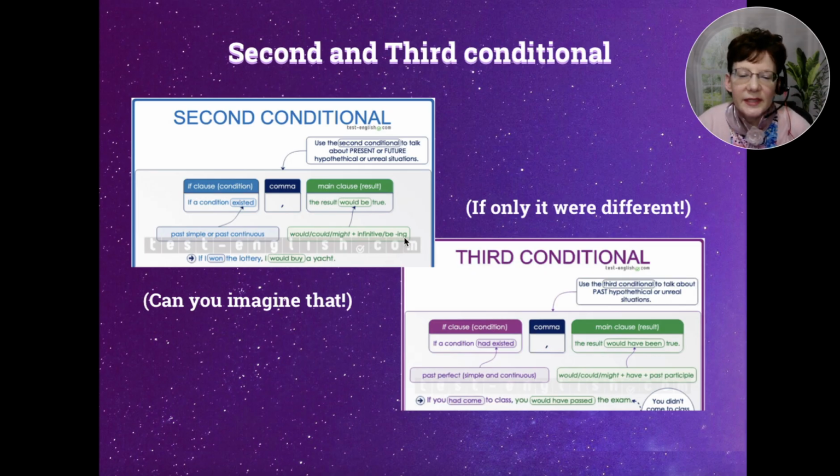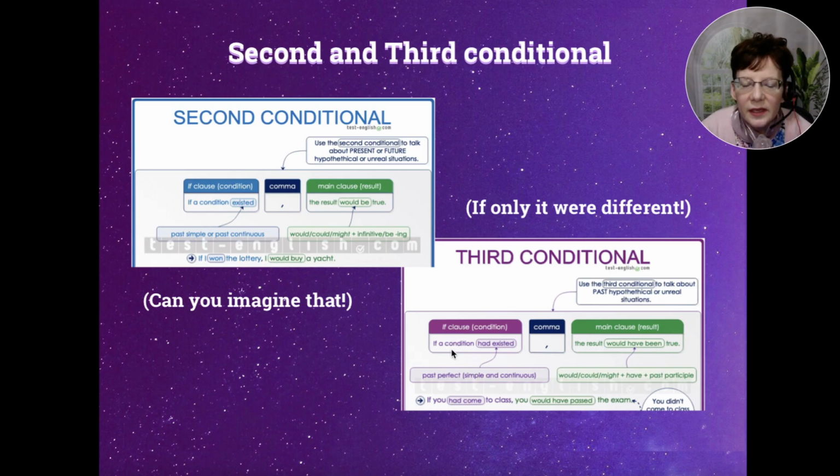Okay, let's look at third conditional. You're assuming if only the situation were different. So we use the third conditional to talk about past, hypothetical, or unreal situations. So the structure is if a condition had existed, the result would have been true. So the situation is already in the past. We can't change it.